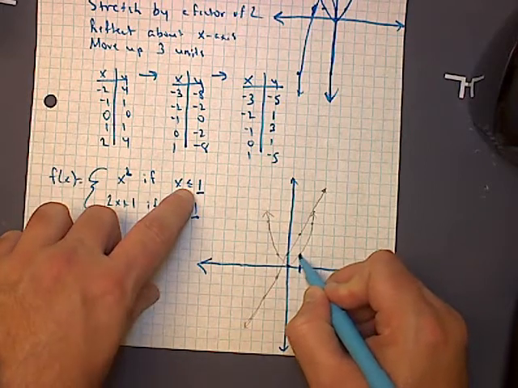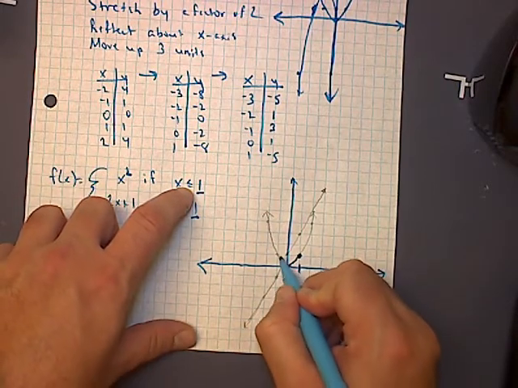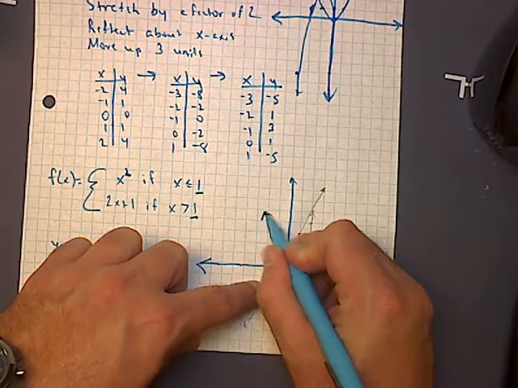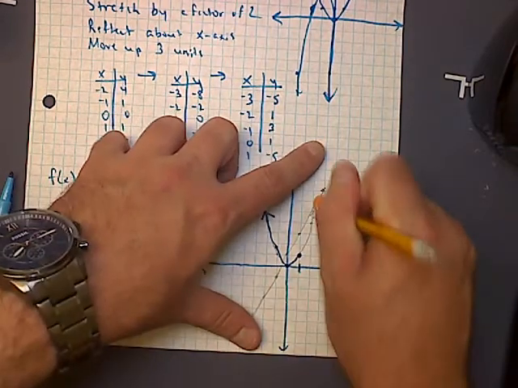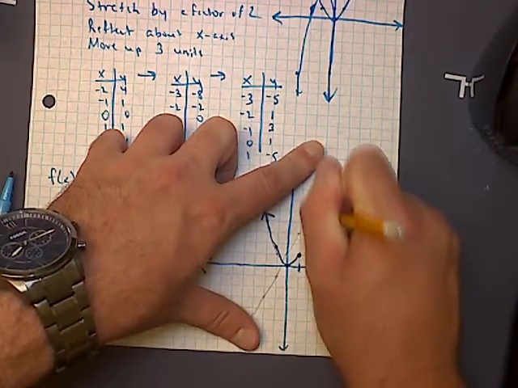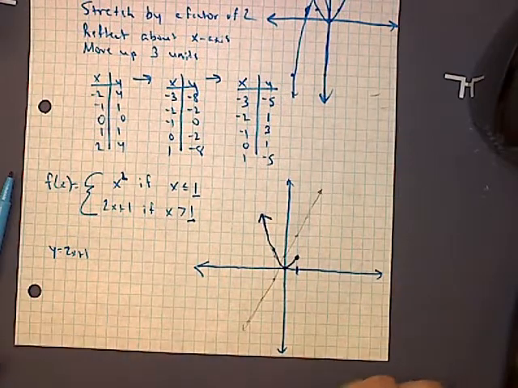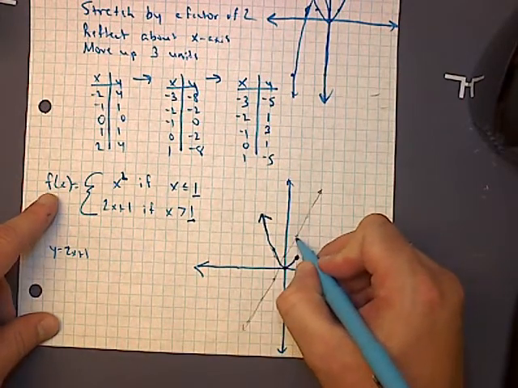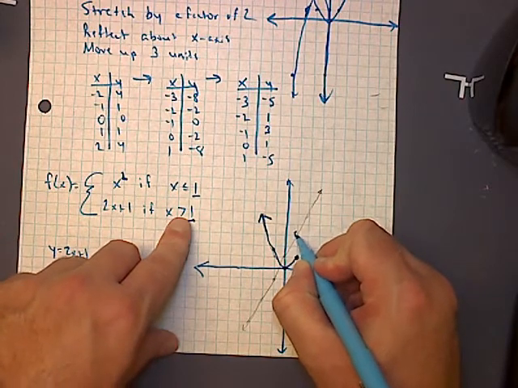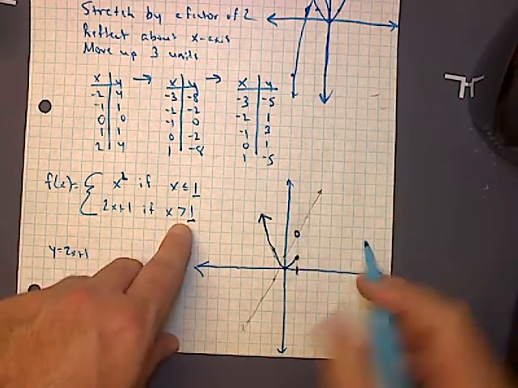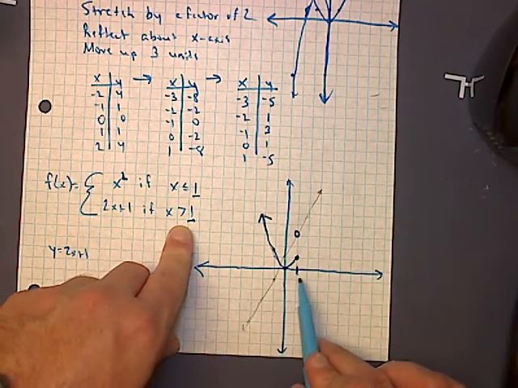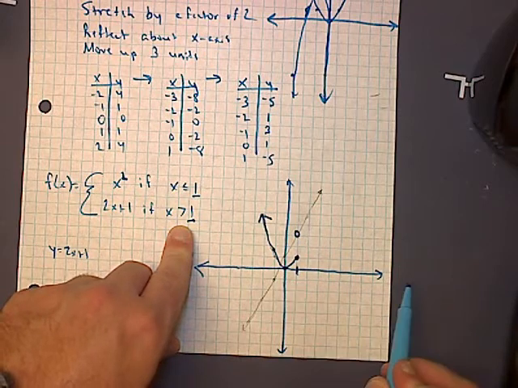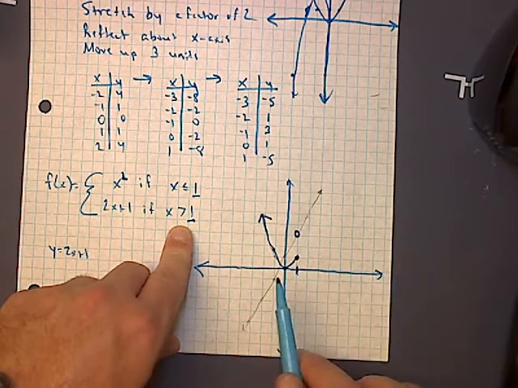That would be a closed dot, and I would erase the part over here. Now, I will go back to 1, go up to where I hit the other function. That is an open dot. And it says for all x values greater than 1, which will be this way.